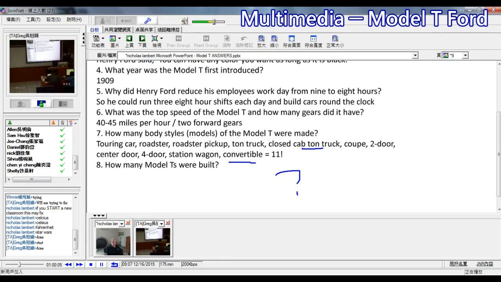With a roof. Without a roof. That's right. Well, it has a roof. The roof can fold up.